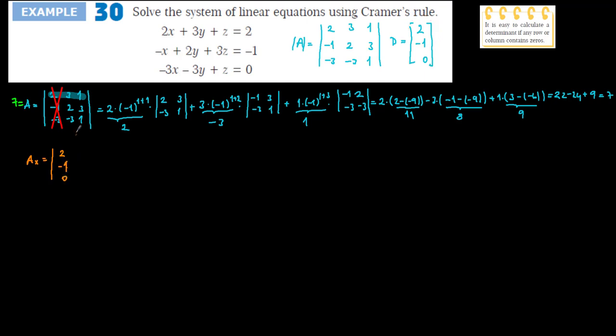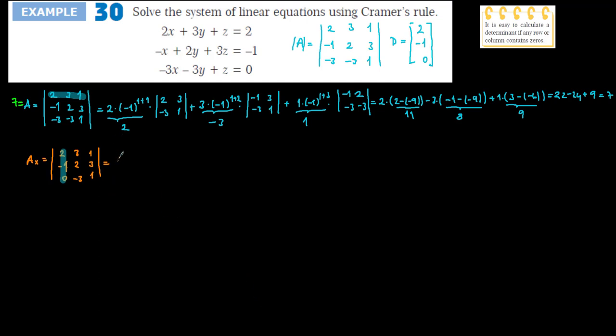Then 3, 2, minus 3, then 1, 1, 3, 1. Then I have to choose one row or one column. I'm going to choose the first column, because when we have a 0 there, it's easy to calculate.